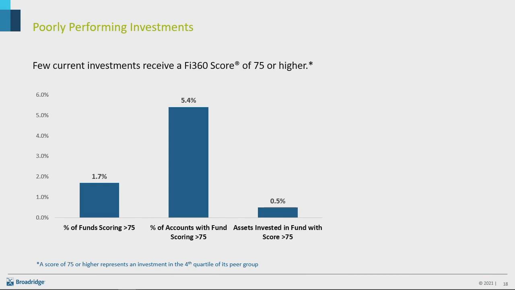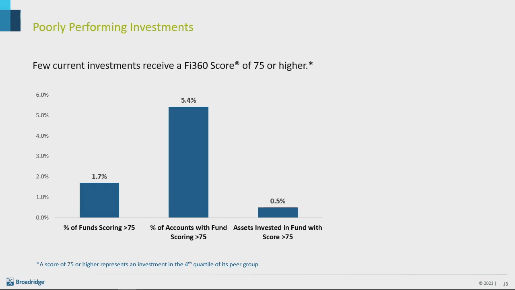And the fourth quartile score is that above 75. On this particular chart, what we're showing is that less than 1% of the advisors that we examine in this process have portfolios or investment managers that potentially are on a watch list or underperforming.